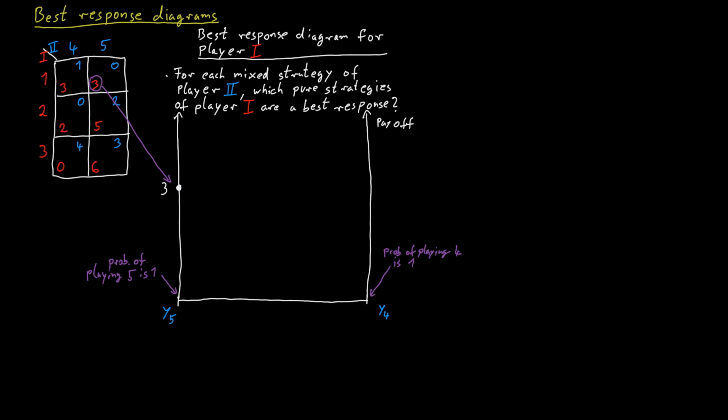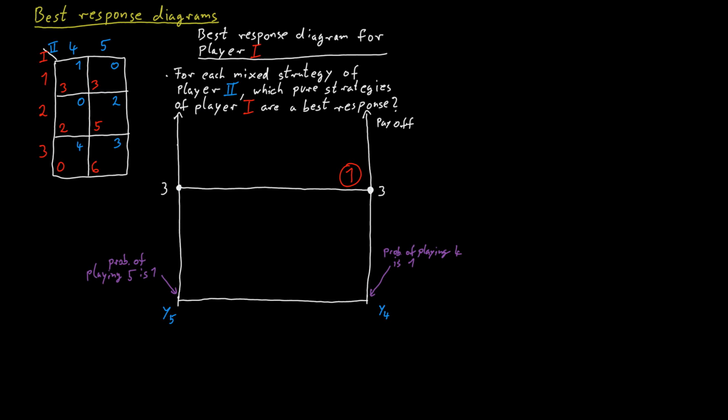If player 2 plays strategy 4 with a probability of 1, what is the expected payoff that player 1 would get by playing strategy 1? Well, it would also be 3. There's no difference. So the payoff would in fact always be 3, no matter what the mixed strategy of player 2 is. That happens when player 1 plays strategy 1.